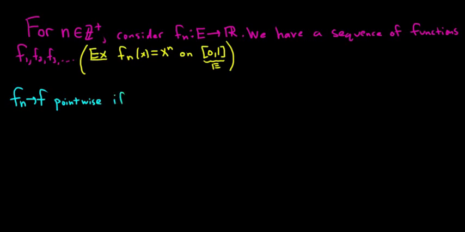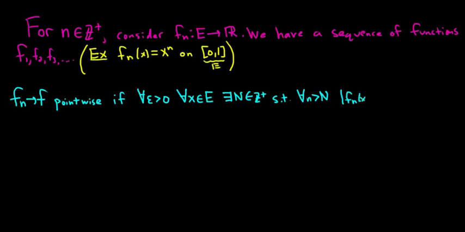If for every epsilon greater than 0 and for every x in our set E, we can find some positive integer N such that for all little n bigger than capital N, the difference between f sub n of x and f of x is less than epsilon.